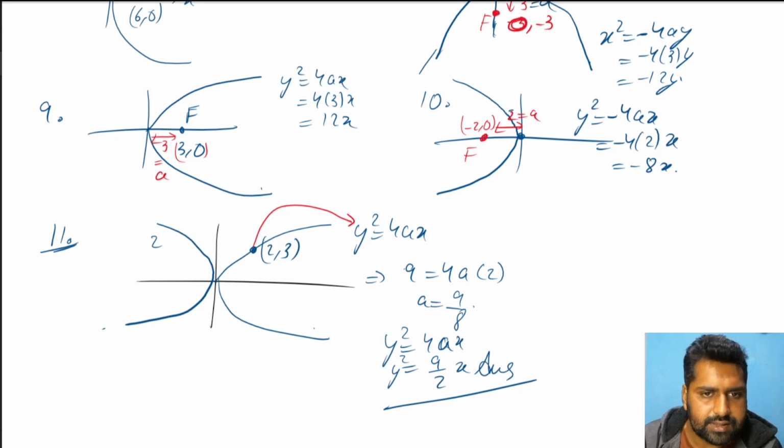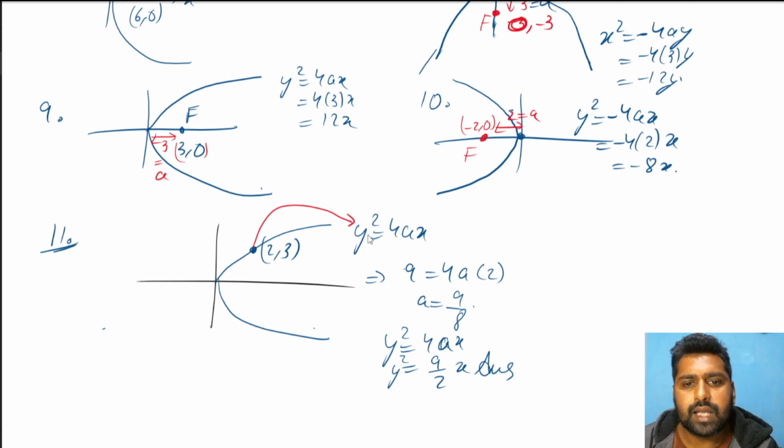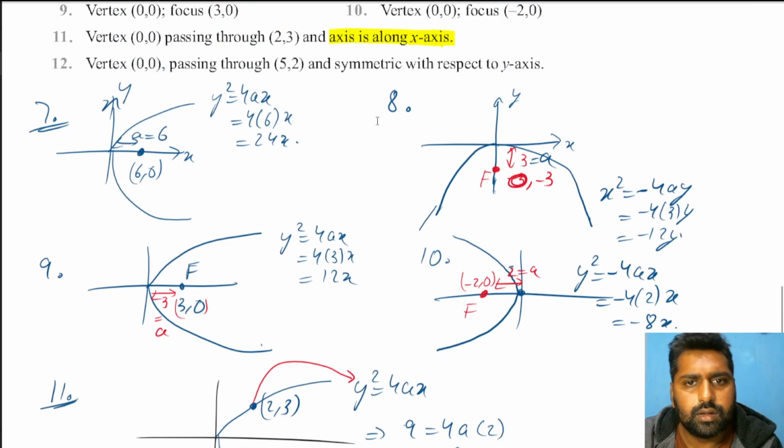So we rejected this, hence we accepted this, hence this is the equation, and now we have to find a, and 2 comma 3 will satisfy this equation. Any point on any curve has to satisfy its equation. If this point was on a circle, it will satisfy the equation of the circle. If this point was on a straight line, it will satisfy the equation of the straight line. Done.